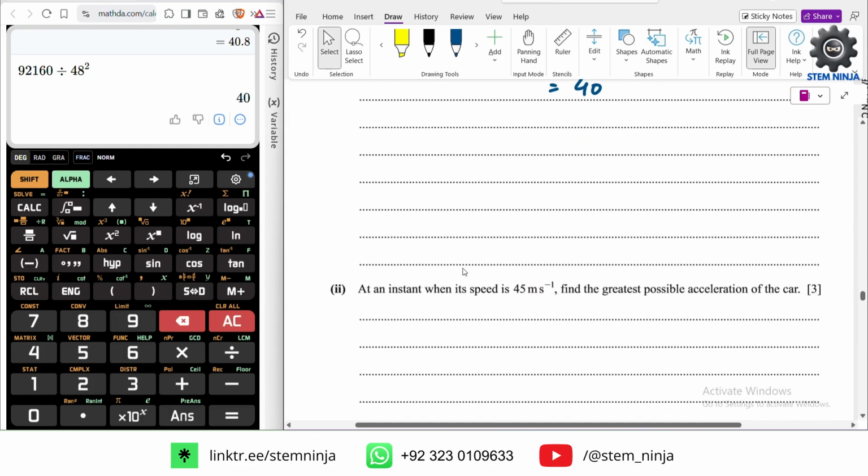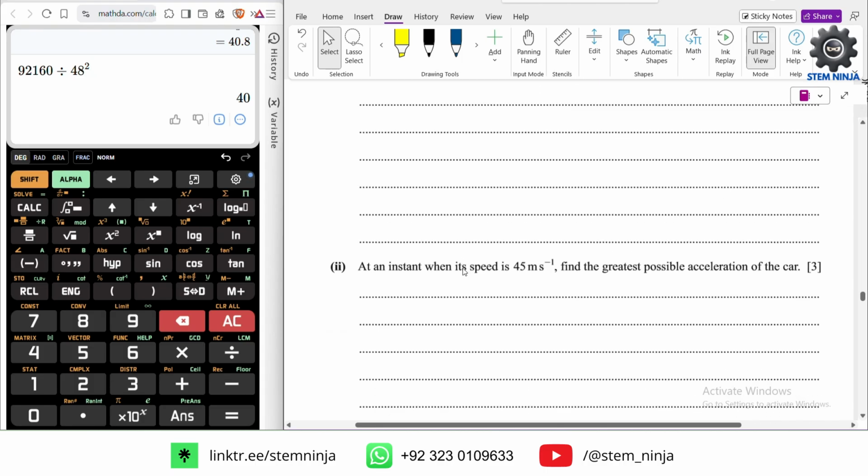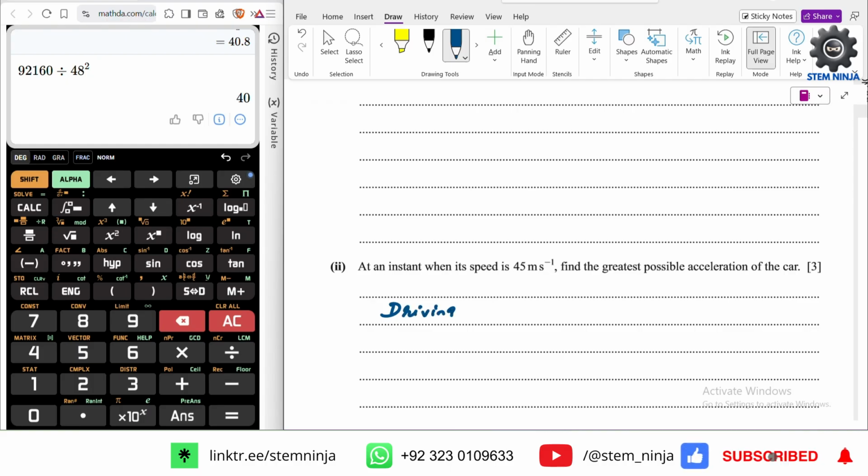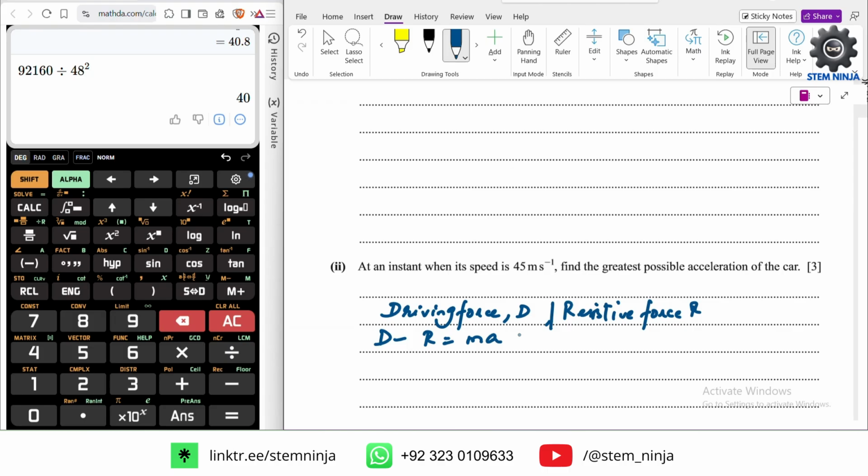At an instant when its speed is 45 meters per second, find the greatest possible acceleration of the car. So the driving force D, resistive force R. So D minus R is equal to MA.